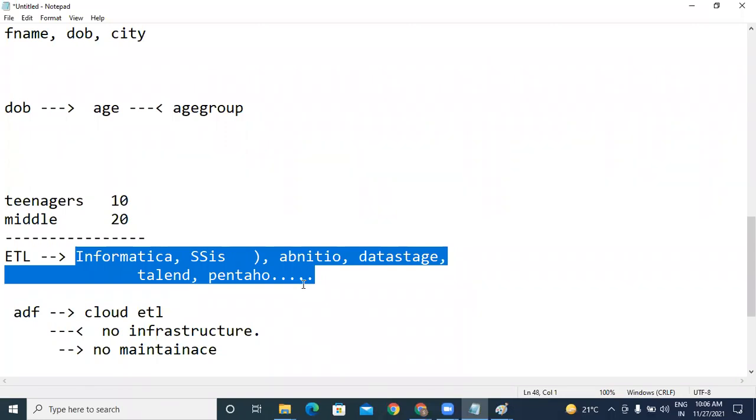But in the case of ADF, it is a zero coding ETL environment. You need not worry about backend coding. Only with a graphical designer, you will be creating your pipelines. But somewhere customizations are required. At that time, you can use JavaScript or Python or Databricks. For that, another developer team will be there.